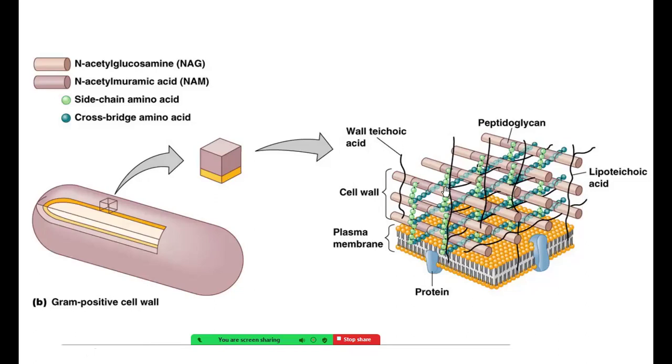The lipoteichoic acid does the same. It also has a lipid portion added to the teichoic acid. The lipid portion gets in the cell membrane and then anchors the lipoteichoic acid to the cell membrane. By anchoring it, you give strength to the cell.